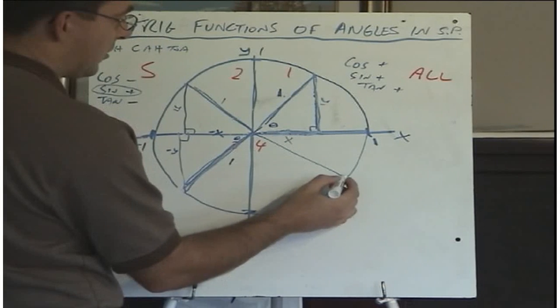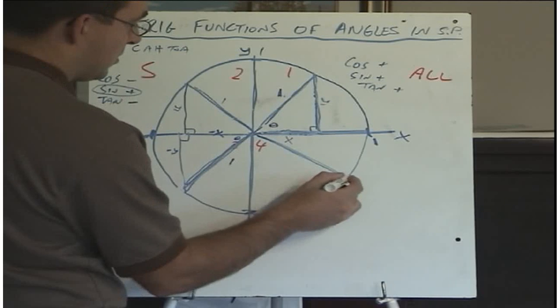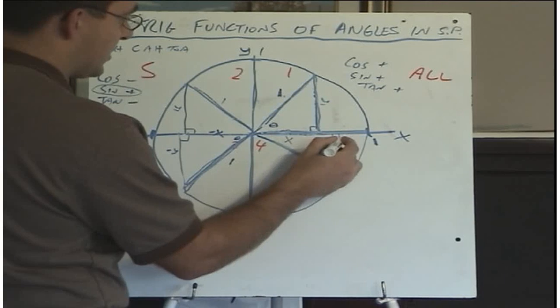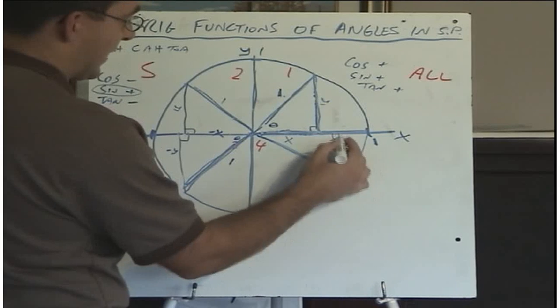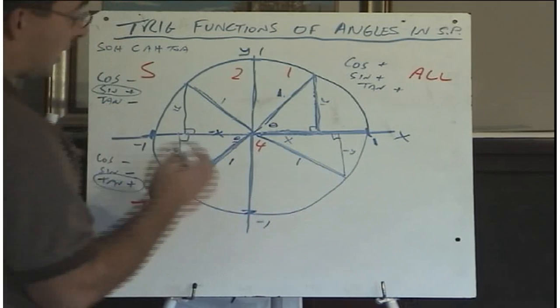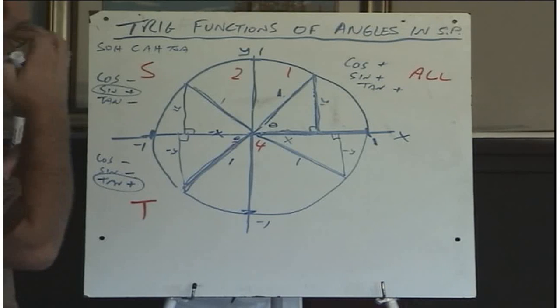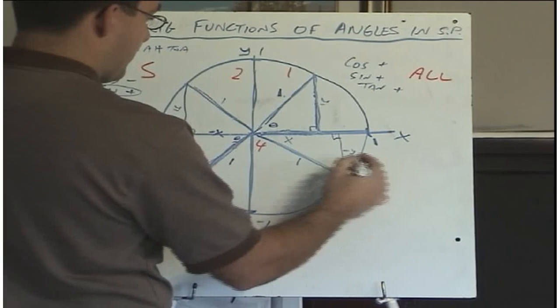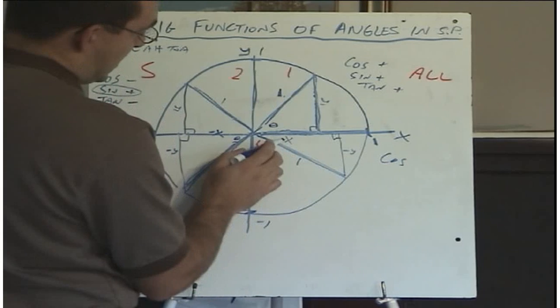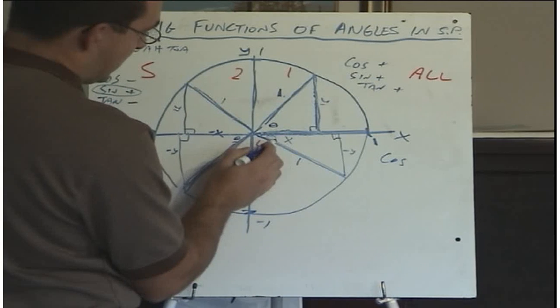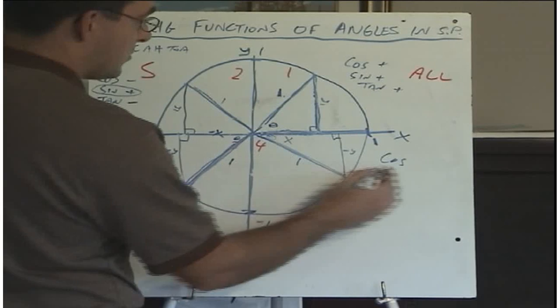Finally, if we drew an angle in quadrant 4 and dropped our perpendicular down to the x-axis, we have a positive x again, but we have a negative y value and a hypotenuse of 1. So cosine would be adjacent over hypotenuse, that's all positive.